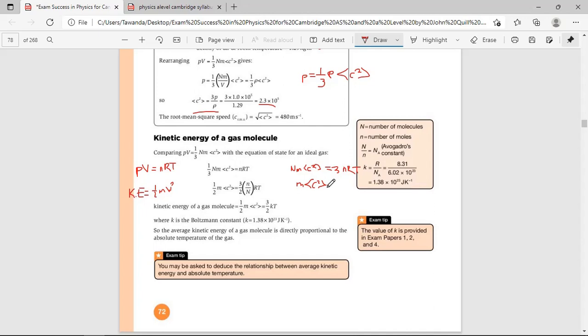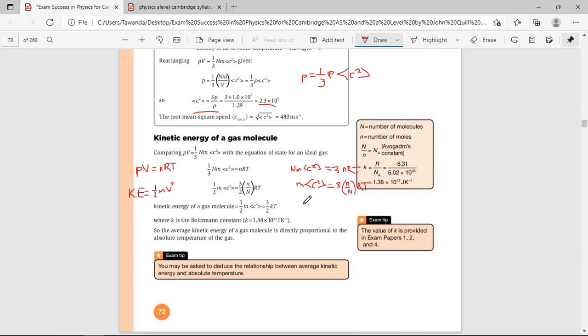is equal to 3, open bracket, n divided by N, then RT. Now I'm going to introduce half, which will be the kinetic energy.